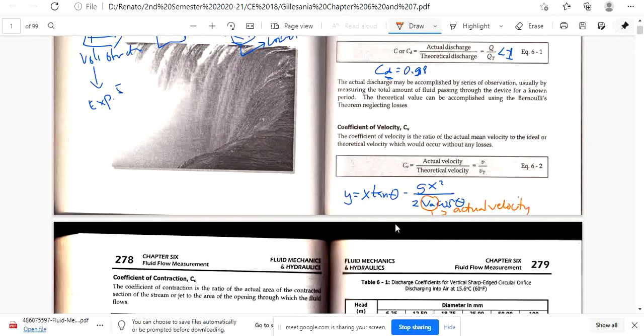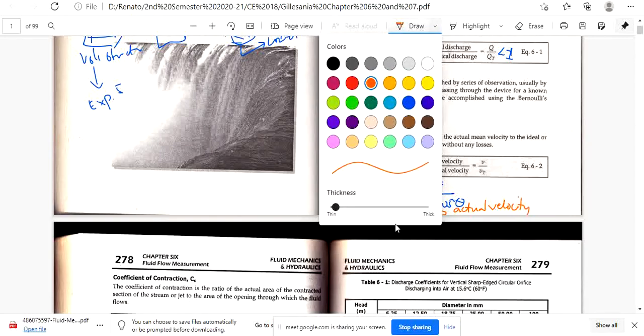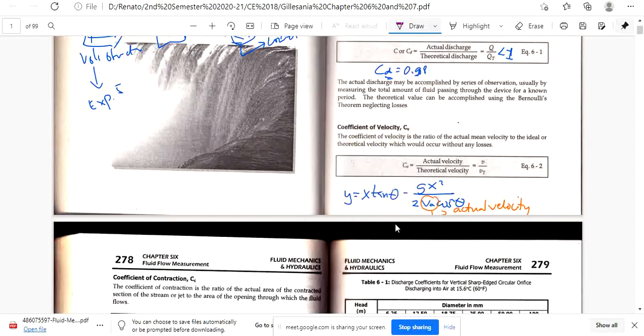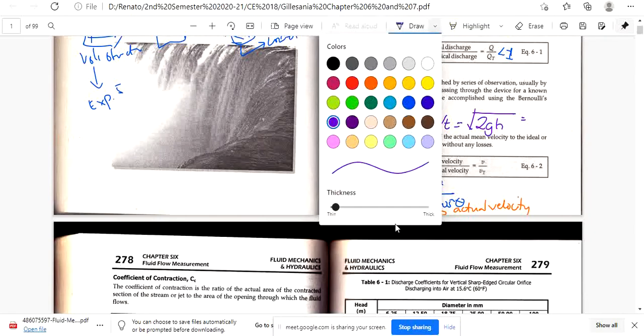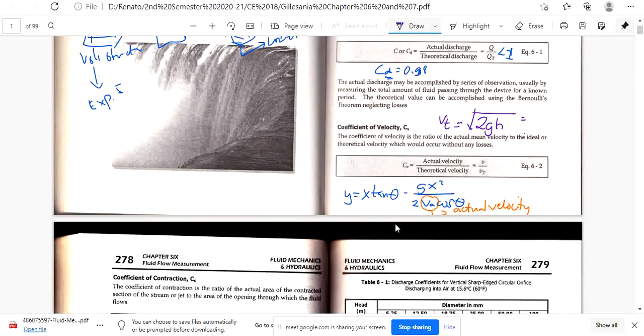Okay? So unsa may kalahian sa actual ug sa theoretical? Naturally, ang theoretical velocity is katong sa equation nga square root of 2gh or katong v squared is equal to 2gh, or katong equal sa katong sa kinetic energy.